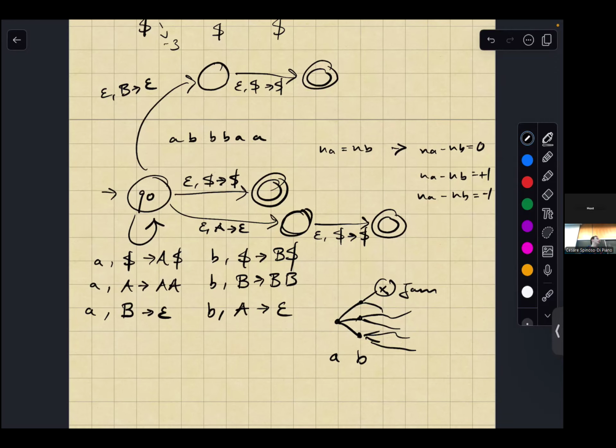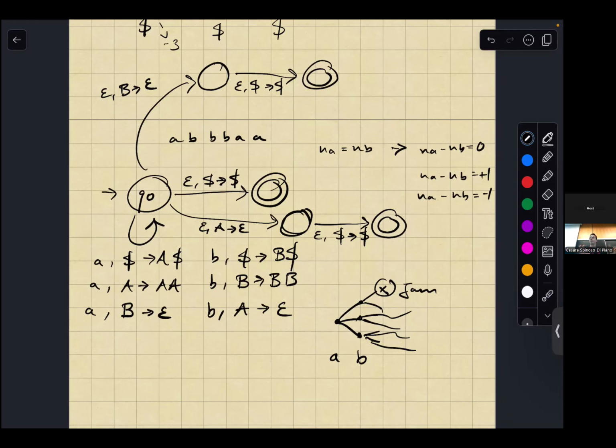For this language, they're equivalent, so there's a conversion algorithm between the two.